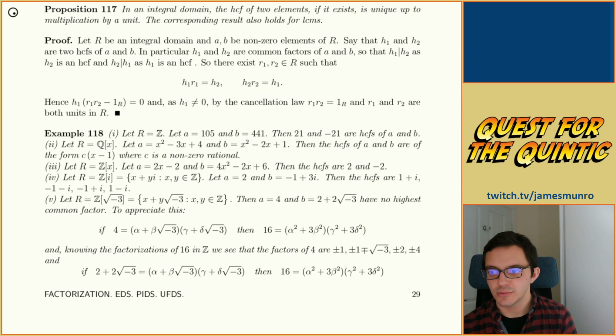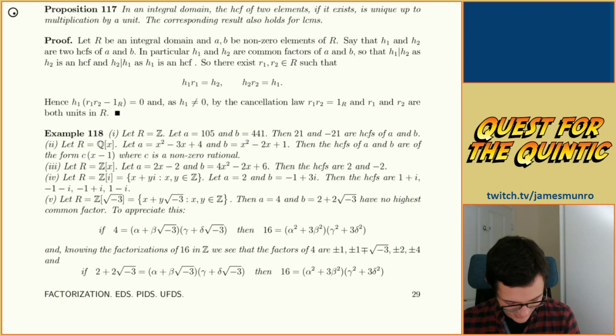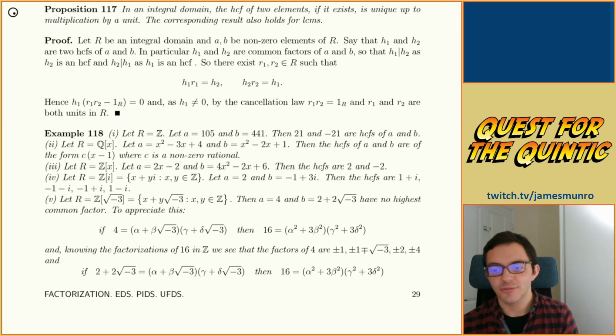Okay, example. Oh my goodness, highest common factors. Wait, in the Z extended with square root of minus 3, these have no highest common factor, because here are their factorizations.